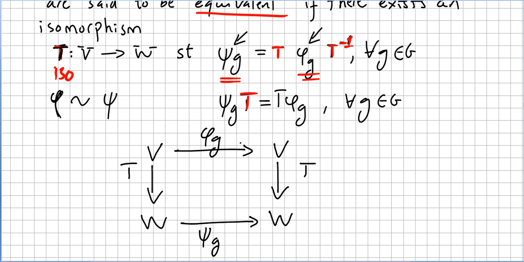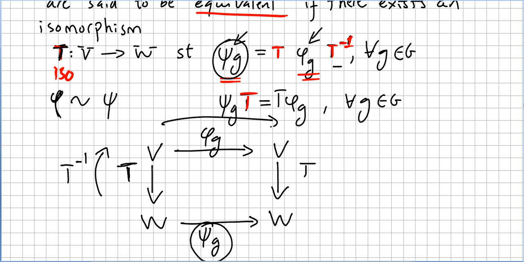Psi of g is this one, right? But now you're going the other way, so here you need the inverse. Since this is a composition, you take the inverse, then this one here, that's phi of g.